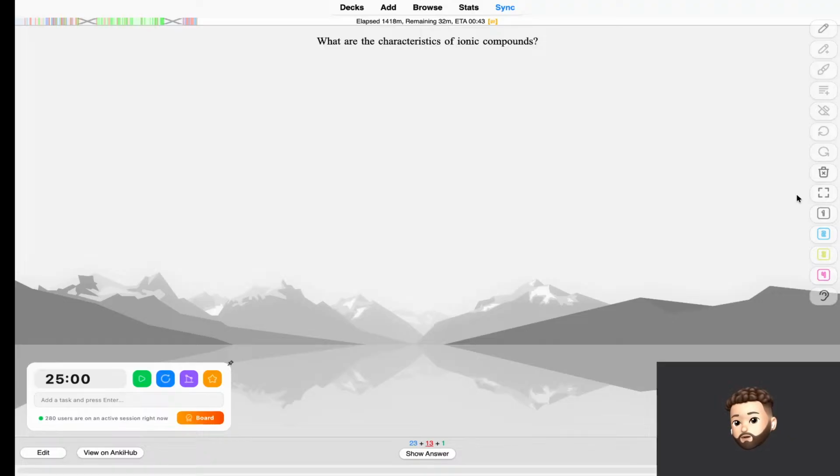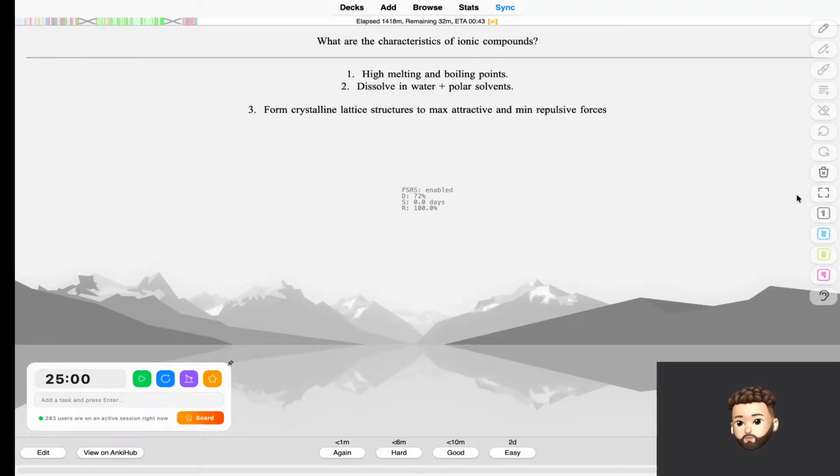It has high melting point and boiling point, dissolves into water and polar solvents, and forms a crystal lattice in order to minimize repulsive forces and maximize attractive forces.